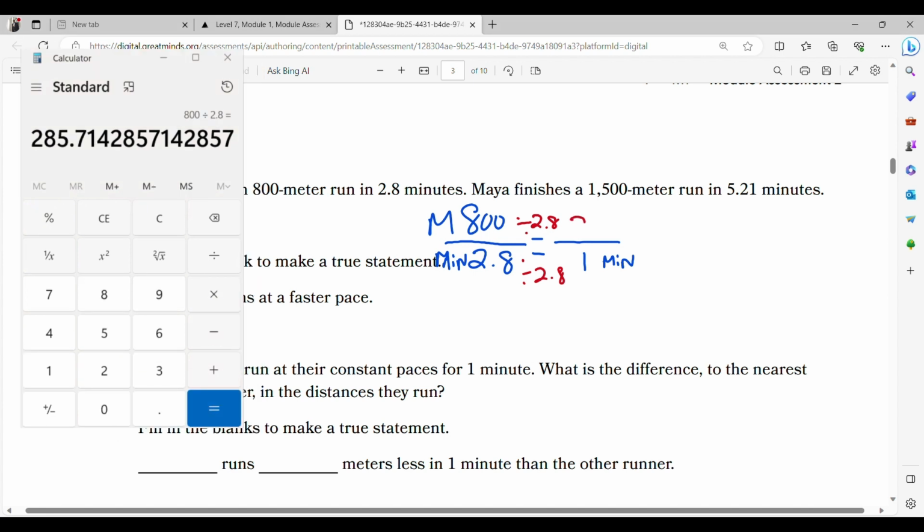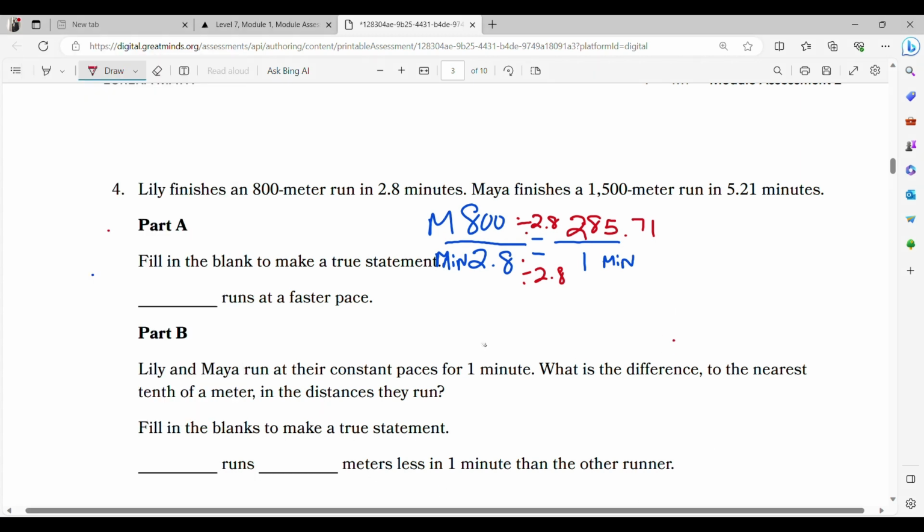So this is 285.71. Let me look at it again just to make sure. 285.71, and it says 1 because that's a 4. It doesn't round up. All right. So I'm going to put Lil right here.